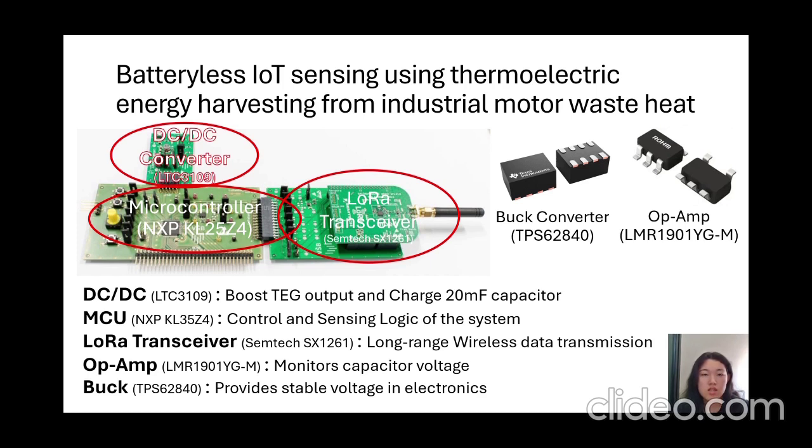This data is then transmitted through a long-range protocol via a LoRa transceiver. Two other components, an op-amp and a buck converter, are included to monitor the capacitor voltage and provide a stable voltage for the MCU and transceiver. This allows the system to remain fully operational without any batteries.